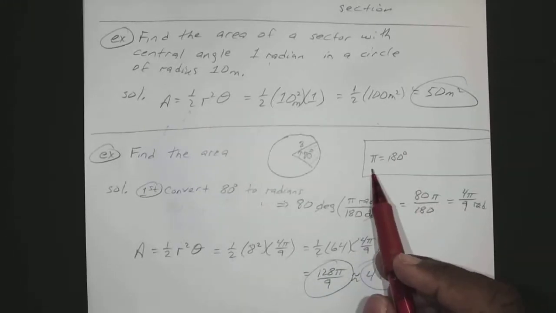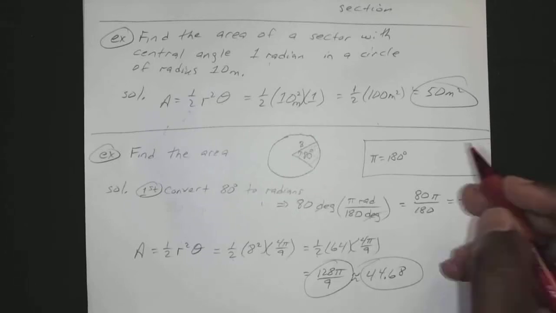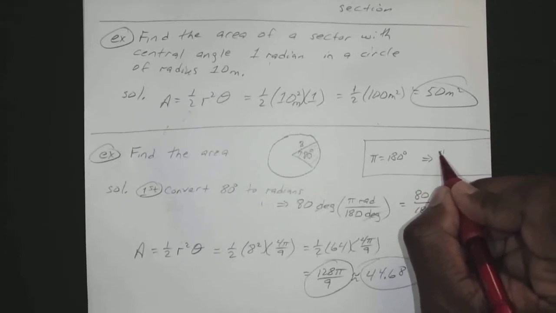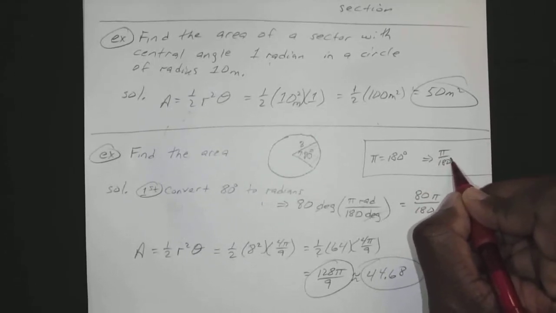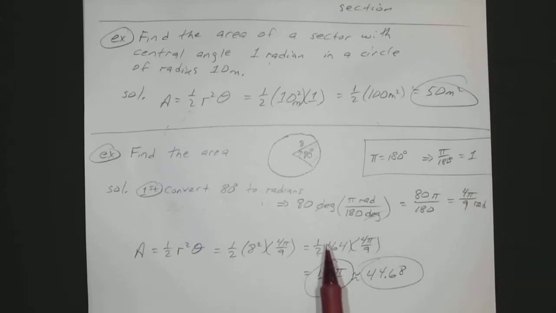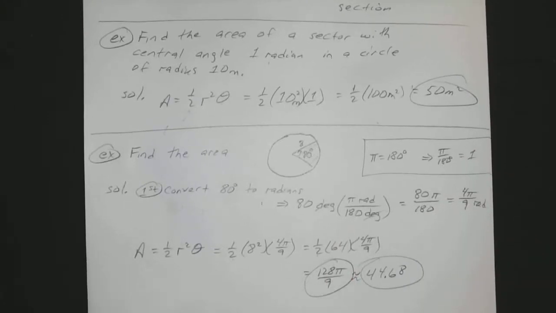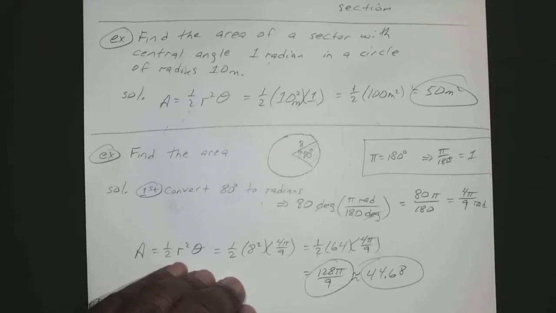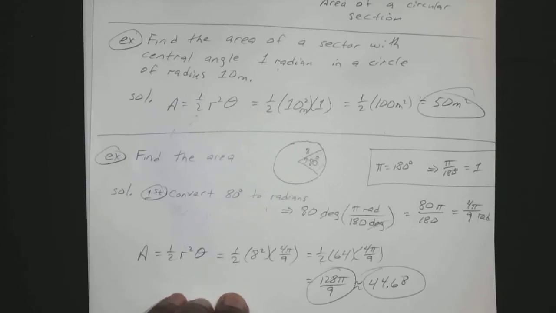So if you divide both sides by 180 degrees, you get pi over 180 degrees equals 1. So technically, we just multiplied it by 1. All right, no problem. Any other questions on this one? Oh, man, that was a big sneeze. All right. Oh, anyone still writing?